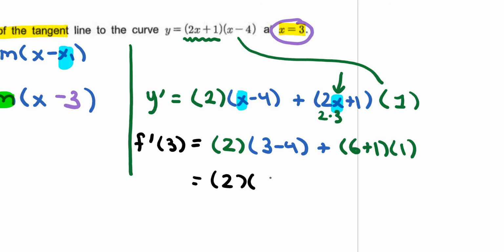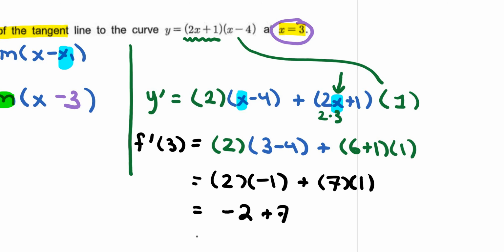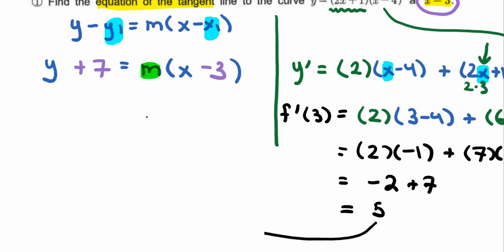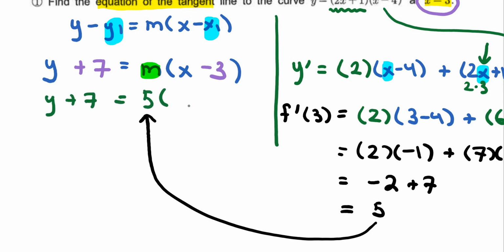This is 2 times negative 1 plus 7 times 1, which is negative 2 plus 7, and that is positive 5. Now that we have positive 5, I can plug 5 back in for m. So this will be y plus 7 equals 5 times (x minus 3). And there you go, that's your final answer for the tangent line question.